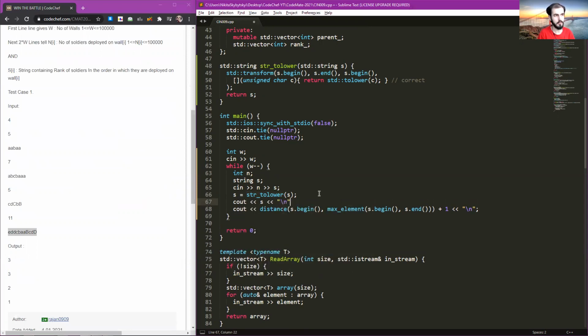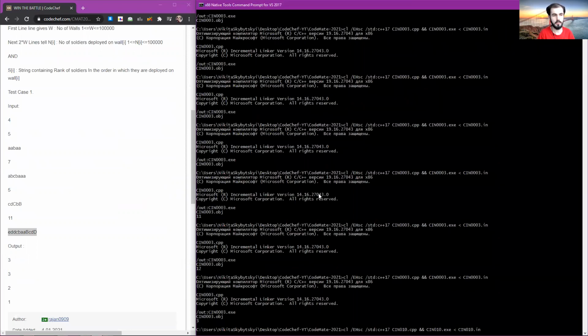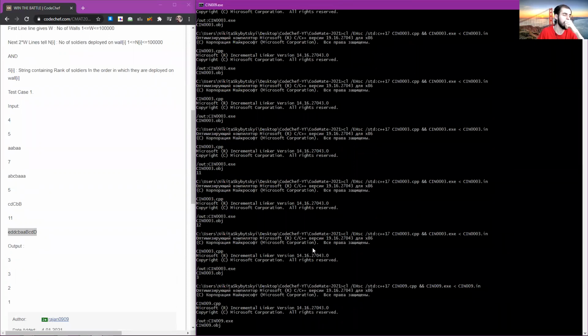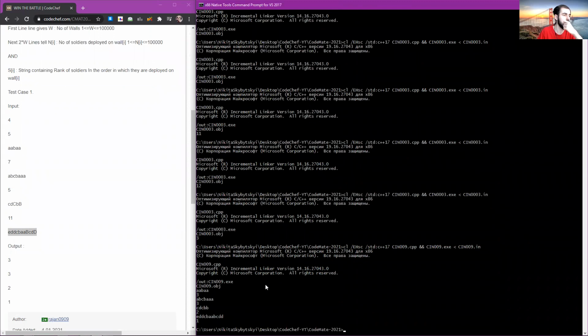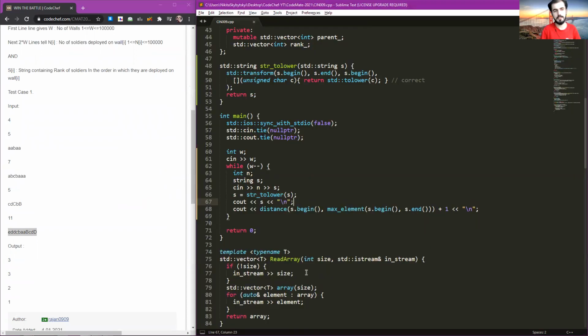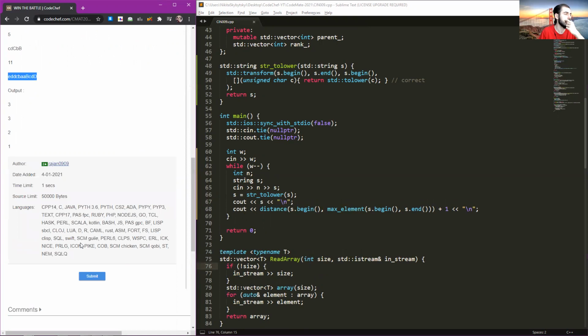Let's actually output S to make sure that we understand everything correctly, to convert to lower correctly. And we do, and I don't understand.